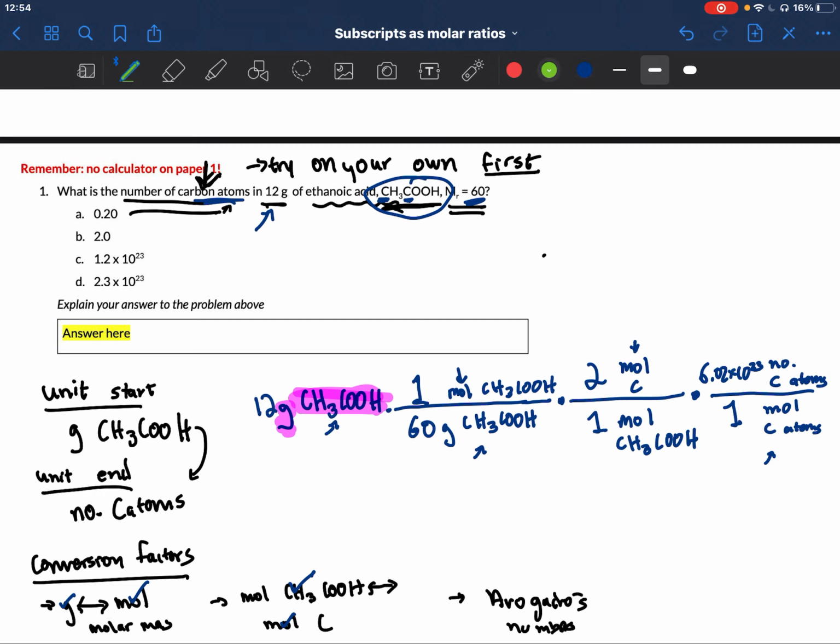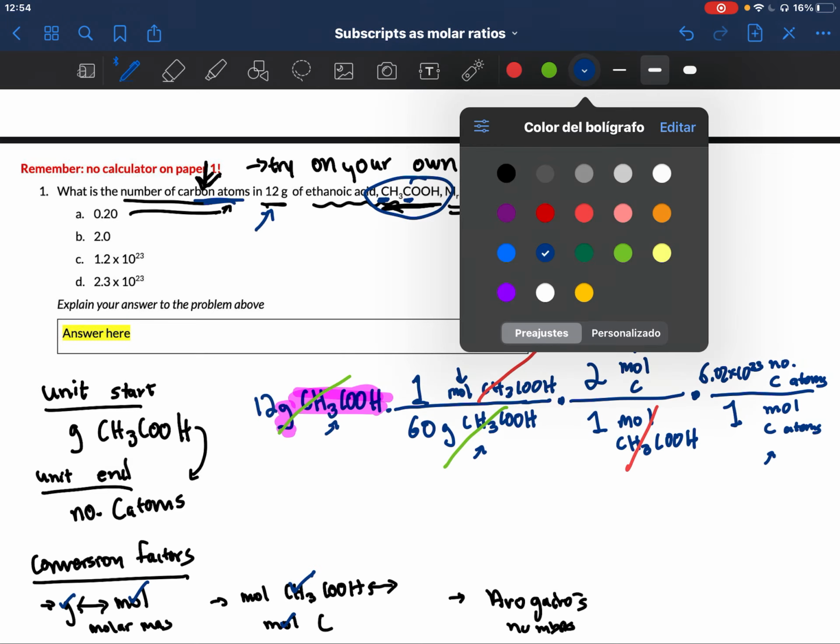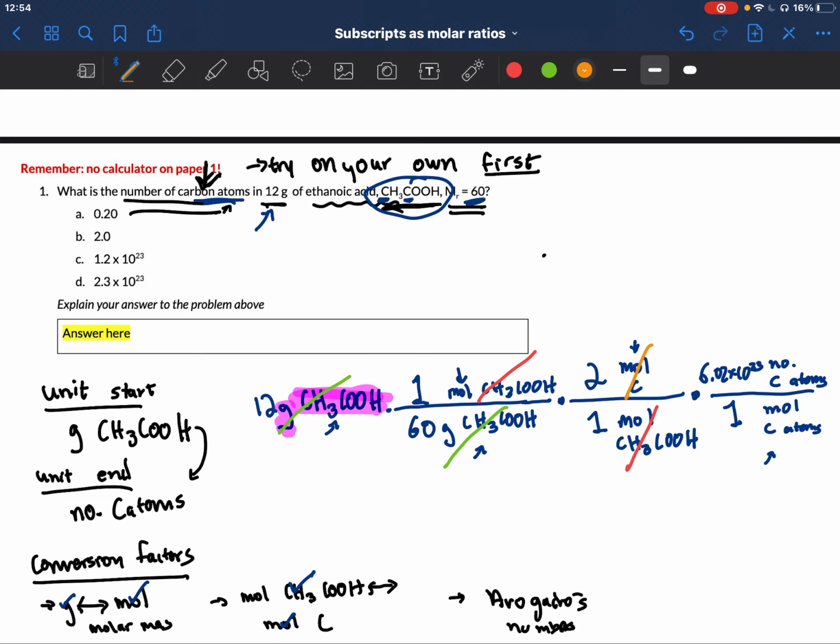Let's check my canceling. Grams of ethanoic acid cancels with grams of ethanoic acid. Great. Moles of ethanoic acid cancels with moles of ethanoic acid. Awesome. Let's see. Moles of carbon cancels with moles of carbon. And I am magically left with number of carbon atoms as my unit.